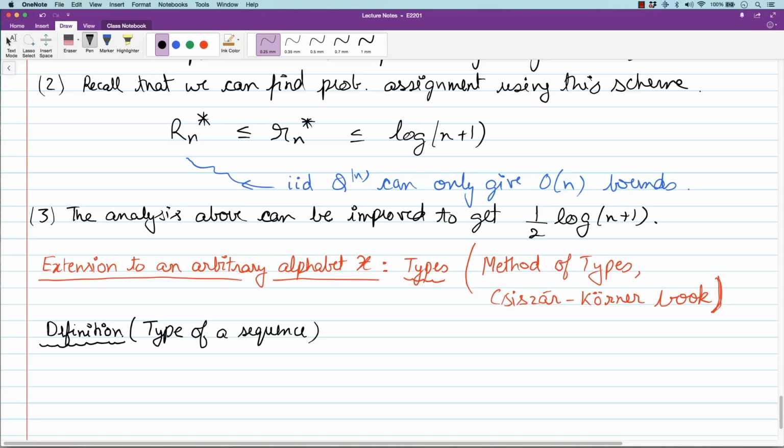The type of a sequence is simply the empirical frequency vector. You can think of it as a PMF.